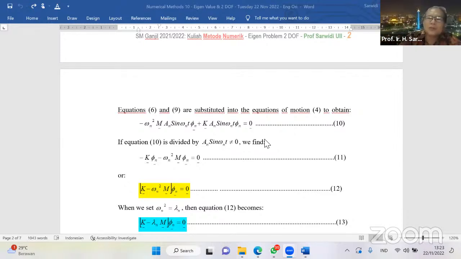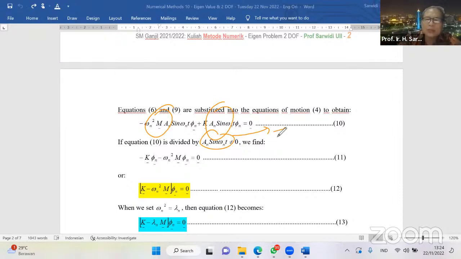So all of this is for the acceleration and mass, and this is the stiffness and displacement. Yeah, because this one, the A and sine omega could not be 0, because if 0, so there is no motion. We would like to have a motion.